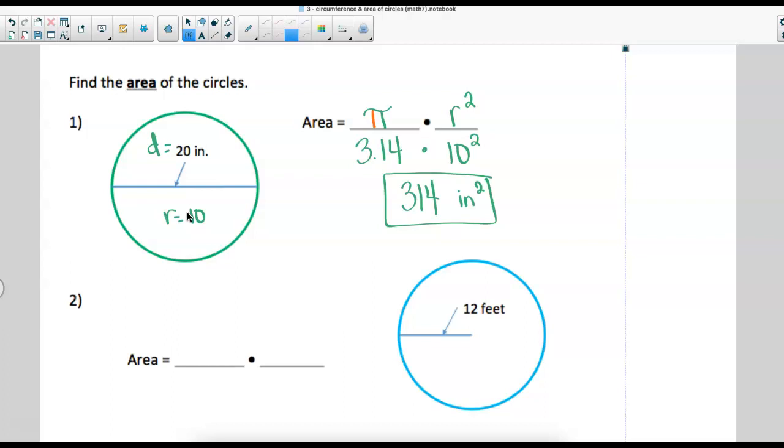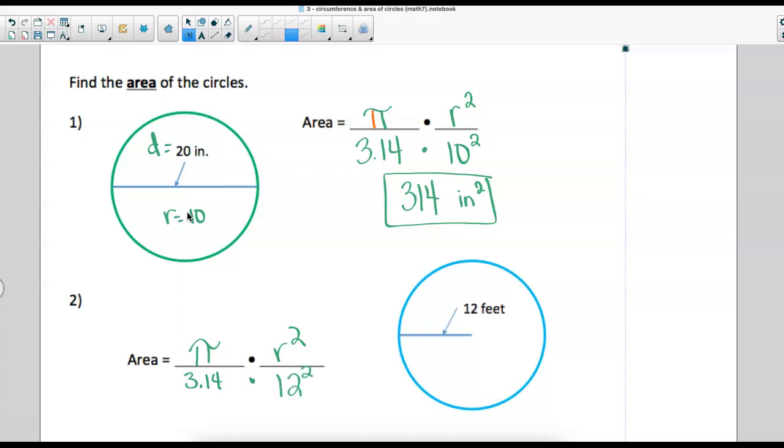Second one. Again, pi times radius squared. Sounds like area to me. Pi is 3.14. What's the radius of this circle? 12.